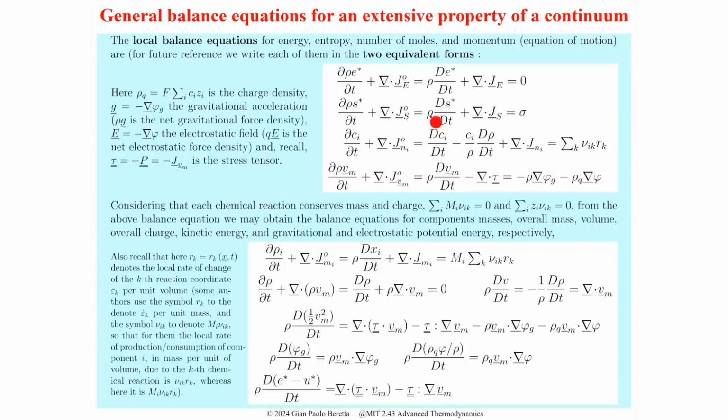From these equations here, you can also obtain these other equations below. I'm skipping the details, but it's simply, for example, the equation for the conservation of mass, which derives from this one for the amounts multiplied by the molecular masses. This is the so-called continuity equation of fluid mechanics, which you can also write this way.